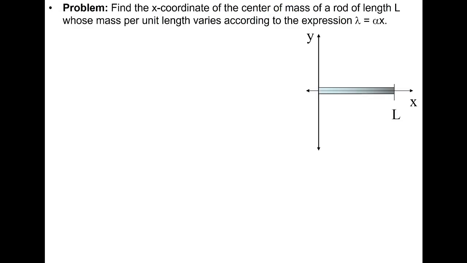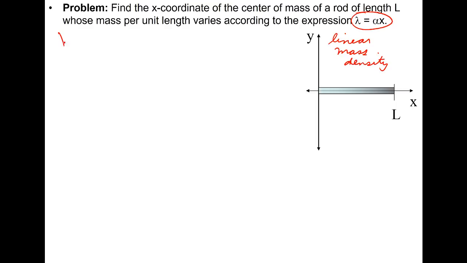Find the x-coordinate of the center of mass of a rod of length L whose mass per unit length varies according to the expression lambda equals alpha x. This is the first time that we've seen this, and this is a linear mass density, mass per length.